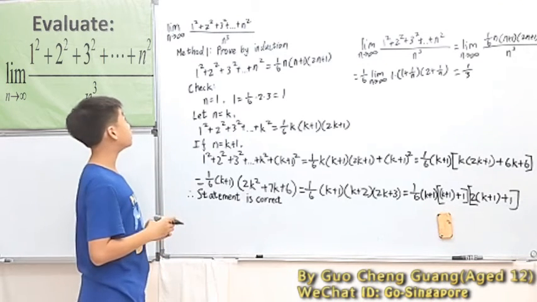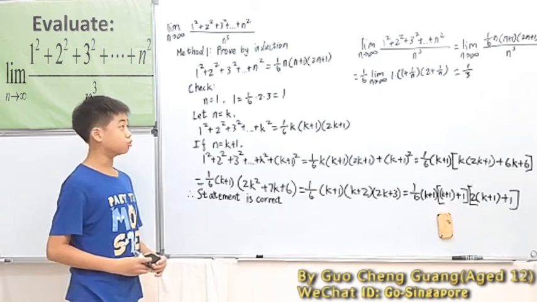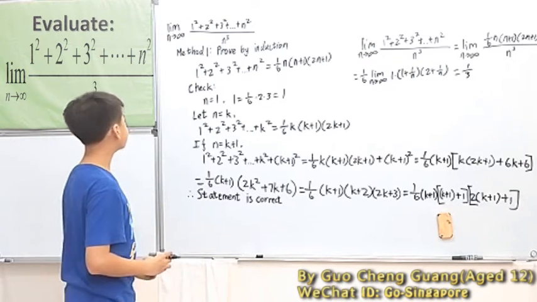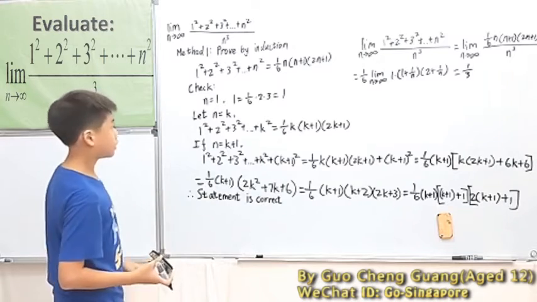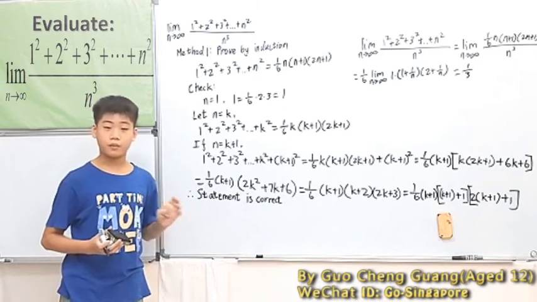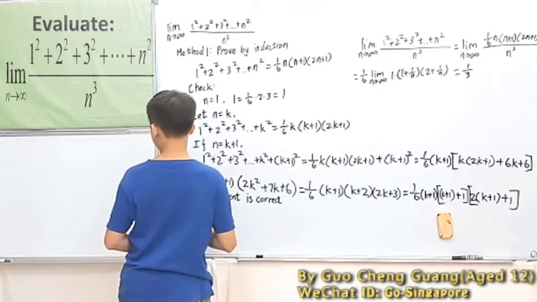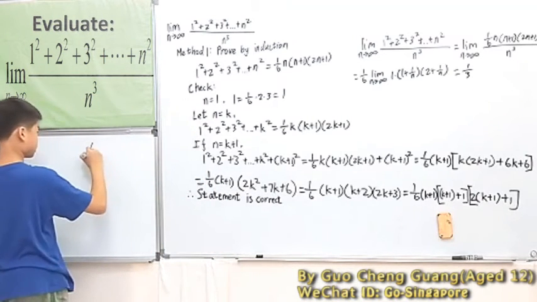Next, we'll move on with method number 2. So this answer is 1/3. Okay, so can I erase this part, this method 1? Okay. So we're just recording down this answer.